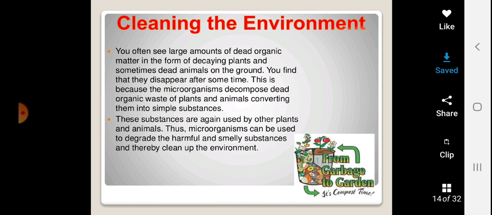So, who did this decomposition? This decomposition is done with the help of microorganisms. So, you find that they disappear after some time. This is because microorganisms decompose the dead organic waste of plants and animals and convert them into simple substances. These substances are again used by other plants and animals. Thus, microorganisms can be used to degrade harmful and smelly substances and thereby clean up the environment.